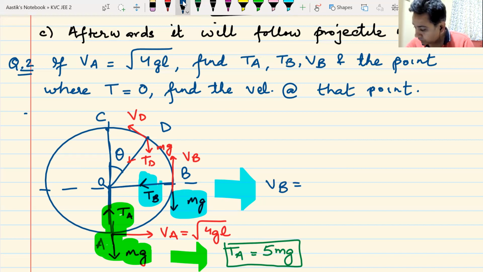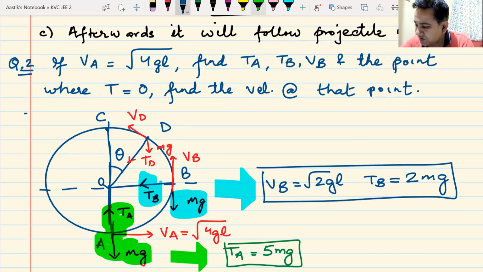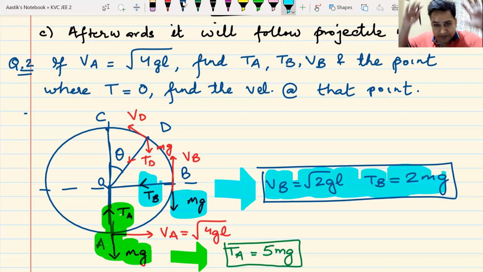Root 2gl, sir. That is correct. From there, you can find out the tension at point B. What is the tension at point B? 2mg. These are the answers for point number 2. Straight away the answers. I hope everyone got this. Can I have some raised hands?